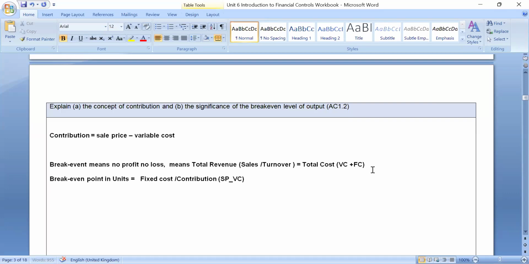If you know the break even in units, break even revenue, how much worth of the sale, is break even point units times selling price. That gives you the total value of the sales you will do to be at break even, which means no profit, no loss.